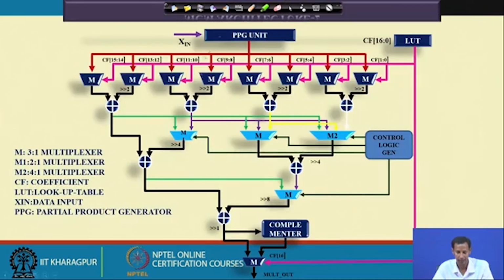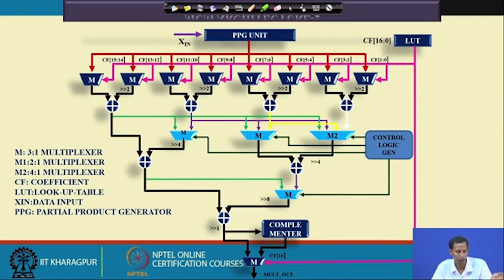We have already seen that in the previous case, and based on that we can come down to another architecture. Here we basically skip the multiplication operation. The multiplication operations are there, but if I find more common terms, that particular multiplier will be skipped and it will use the shifted version of the previous results.